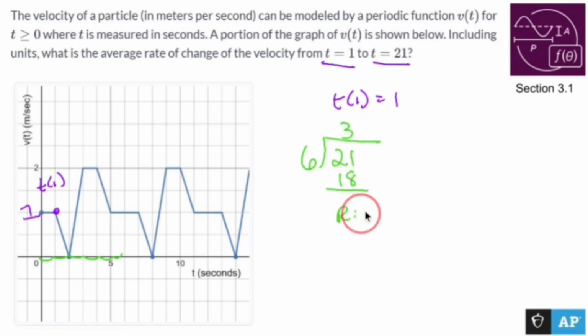Your remainder is going to be 3. So v of 21 has the same behavior as v of 3. And at 3, 1, 2, 3, you get 2.